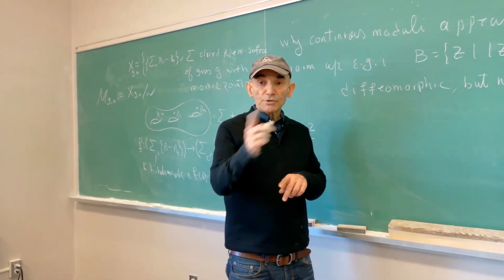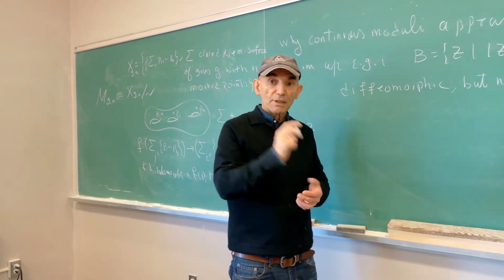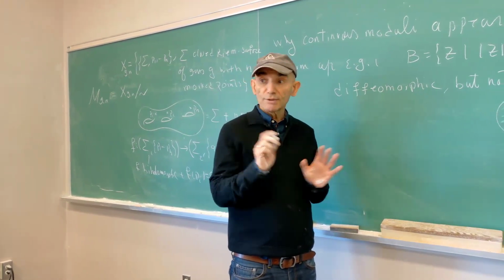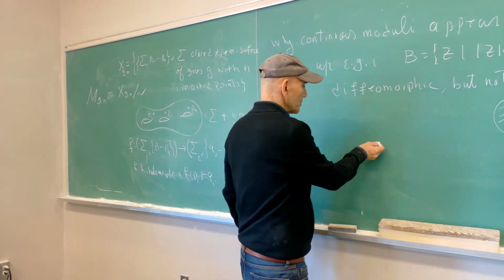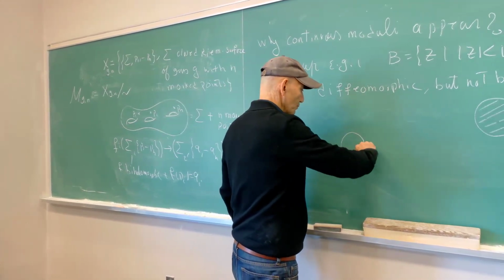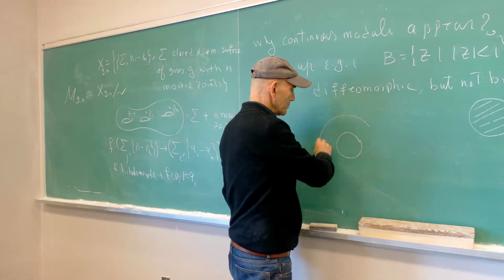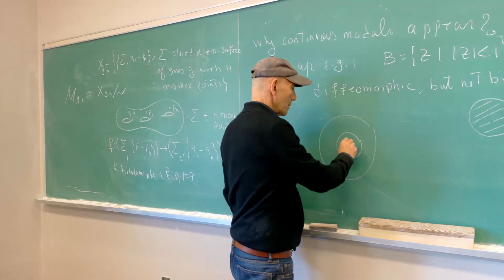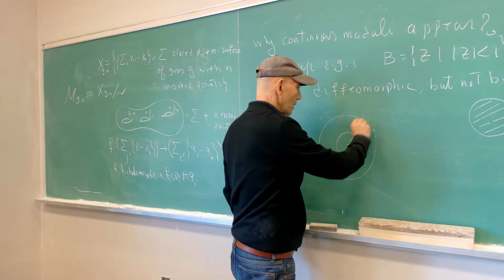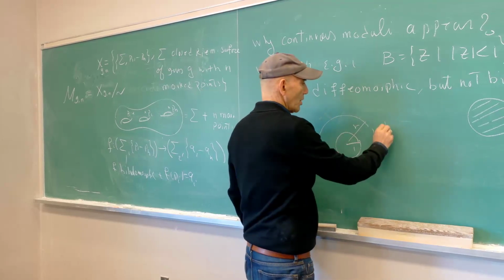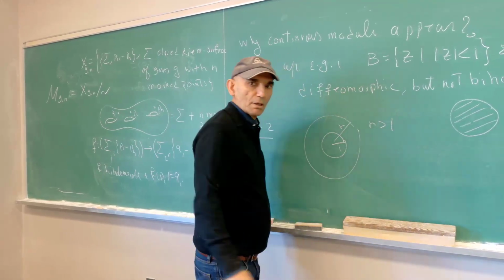I'm going to define now a series of Riemann surfaces, not closed, but that's okay. I just take a disk of radius 1, and then I take a disk of radius r, where r is bigger than 1.